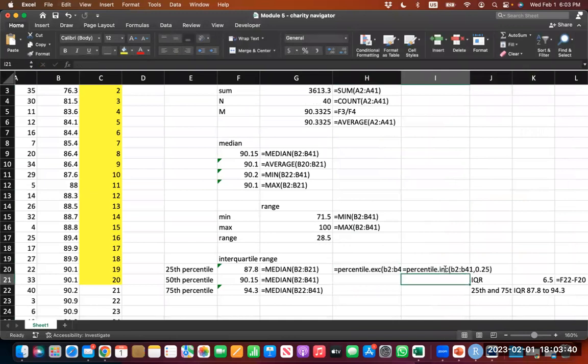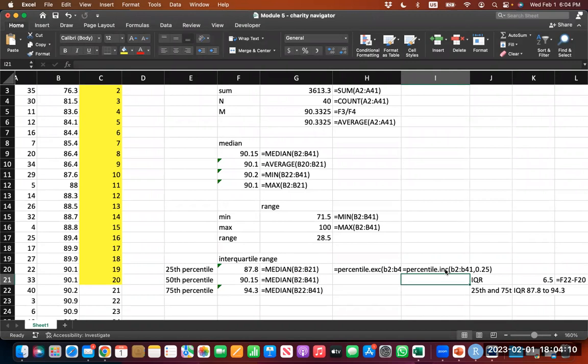Excellent question. So it's percentile.inc or percentile.exc, exclusive. What's the difference between EXC and INC? It determines whether the value that is the threshold is included or not included. To be honest, I would not use either. I would go with the median approach that we used, because that gives you the rules.